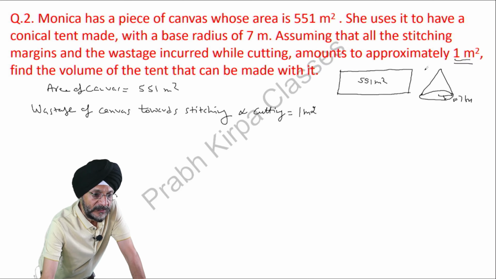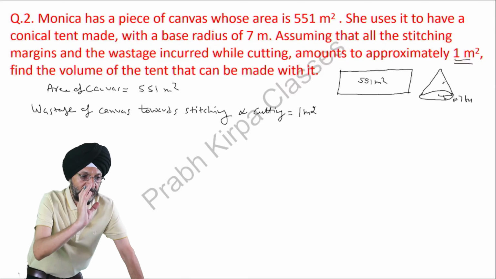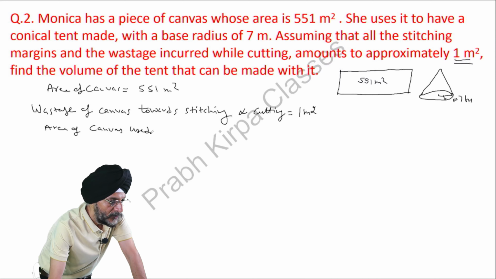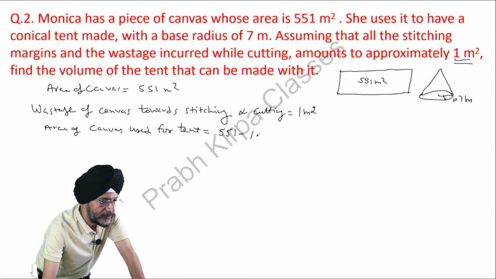That is the curved surface. Actually, the canvas which will be covering the tent, so the area of canvas used for tent is 551 minus 1, 550 square meter.